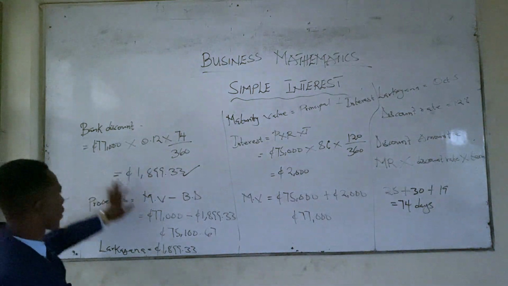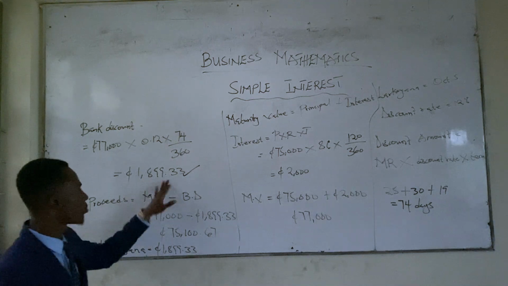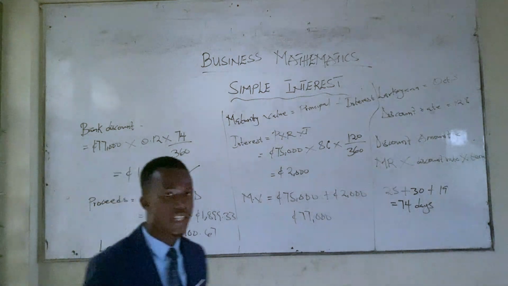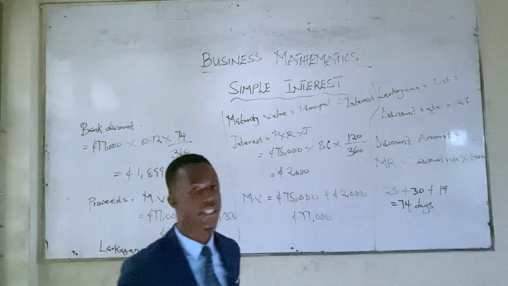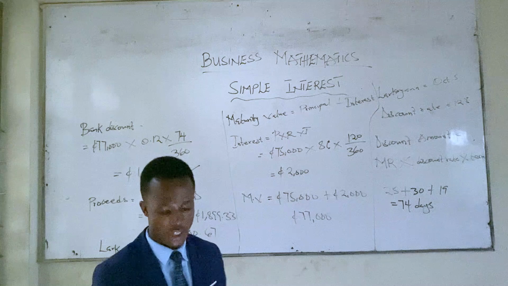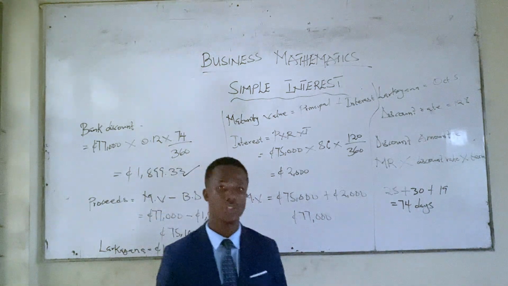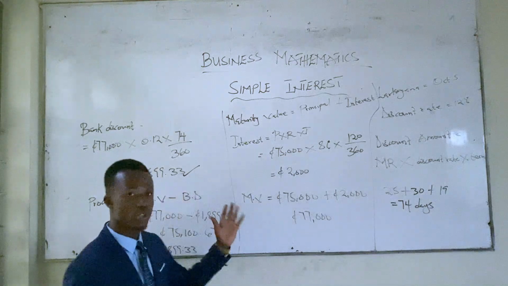After getting the bank discount, you subtract it from the maturity value, and that is the proceeds you are to pay to the payee. Then you enjoy the bank discount. So on this note, we are done with simple interest, promissory notes and bank discount.